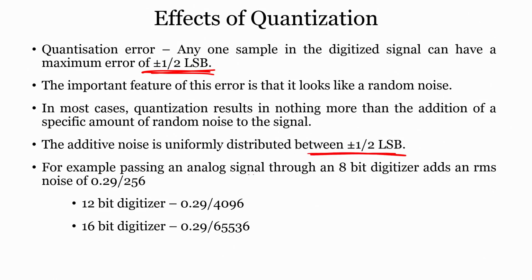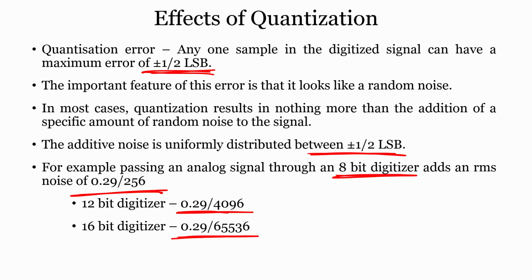For example, passing an analog signal through an 8 bit digitizer adds an RMS noise of 0.29 by 256. For a 12 bit digitizer it is 0.29 by 4096, and for a 16 bit digitizer it will be 0.29 by 65536. So, it is very important to again remember that quantization error should be minimum. In most cases it is nothing but the addition of a specific amount of noise, uniformly distributed between plus minus half LSB.